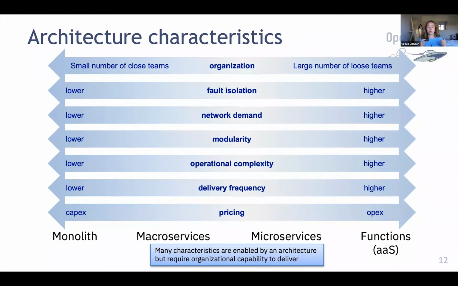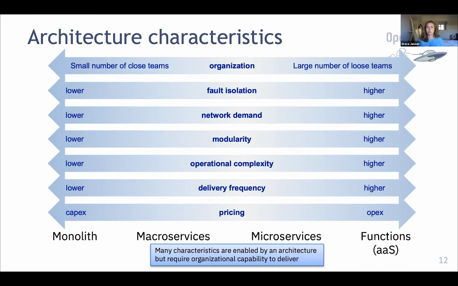So in order to look at what kind of architecture is best suited for your own application, I've created this useful slider. Here I put up some of the important factors that influence the architectural choice that you might make for your own application. And you can see here that not all of these are strictly related to code.